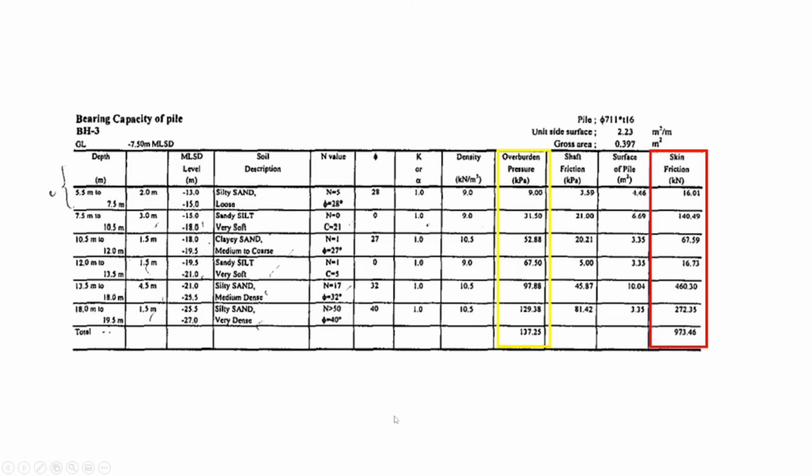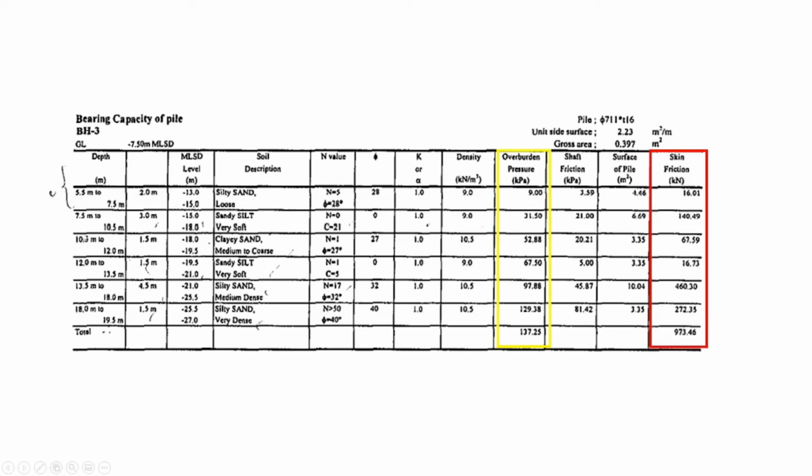Based on the information explained earlier, we can form this table shown here and do the calculation to obtain the overburden pressure for various depths of soil. From here you can see at the depth of 7.5 meter, the overburden pressure is 9 kilopascal and the skin friction is 16 kilonewton.